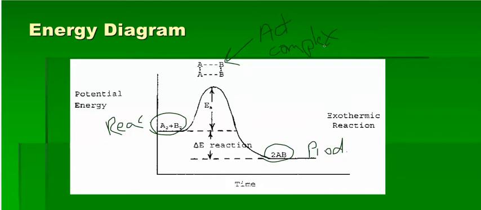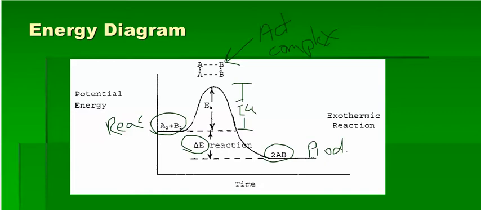The distance from reactants to that activated complex is the activation energy. So that E sub A is the activation energy. That's how much energy I have to have in order for the reaction to occur. The activation energy acts as a barrier to get to products. Delta E right here is the distance between reactants and products.